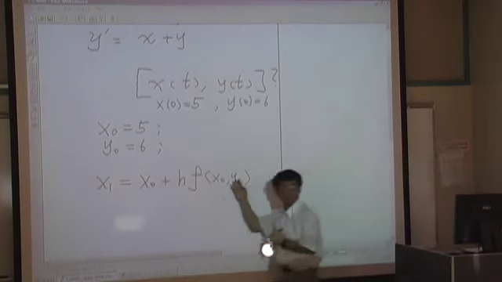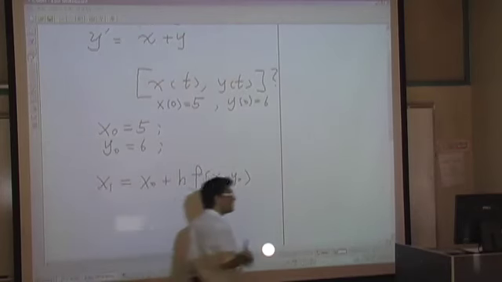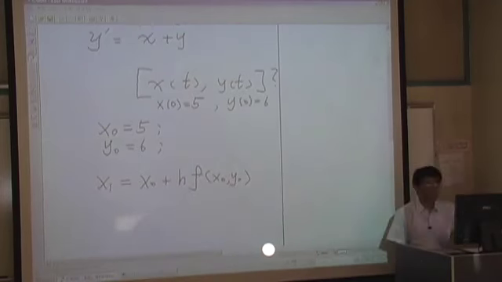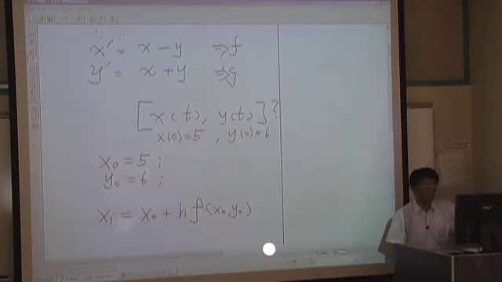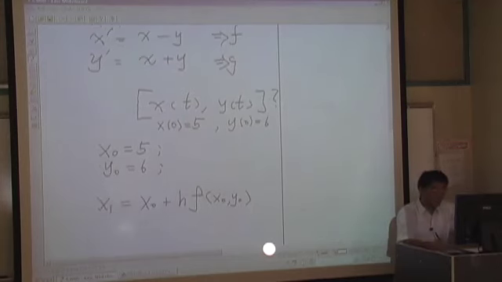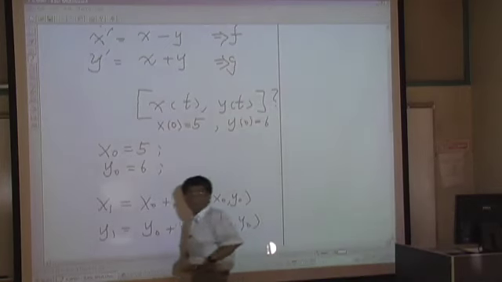Can you do it? It's not very difficult to do, right? Of course, what is f? F is the top function, right? So this is f, this is g. And then y1 equals y0 plus h times g of x0, y0. So this is the Euler idea to solve the system.